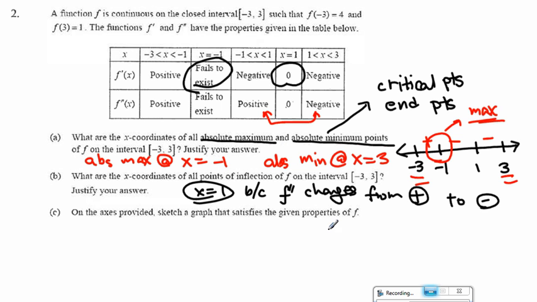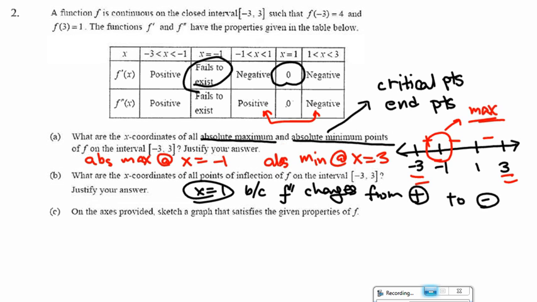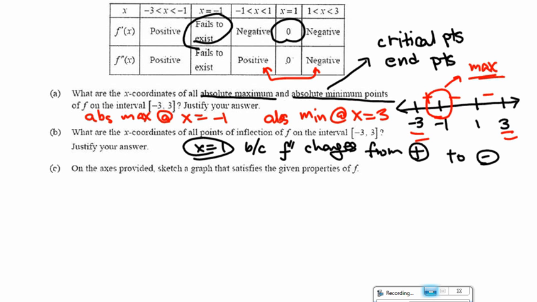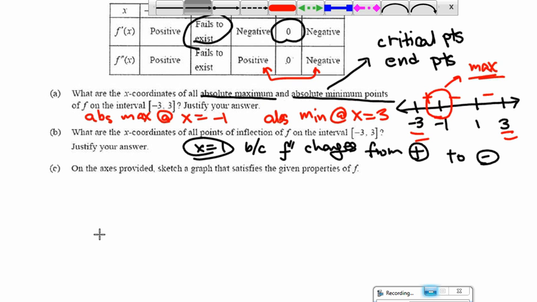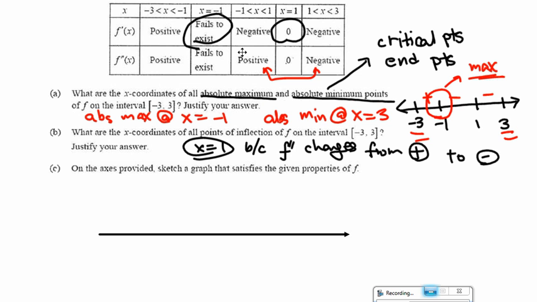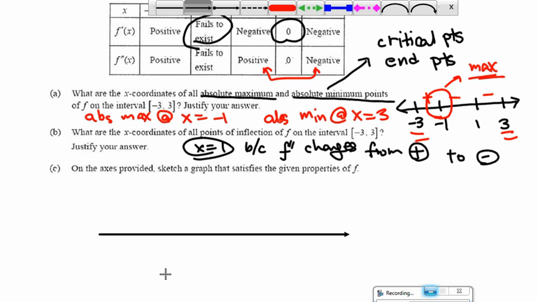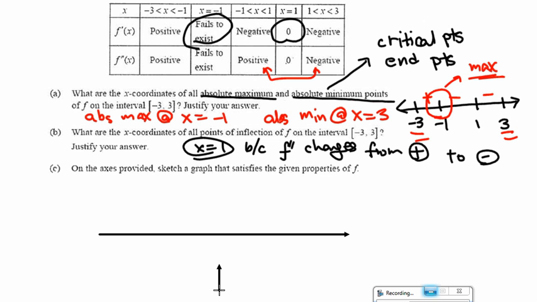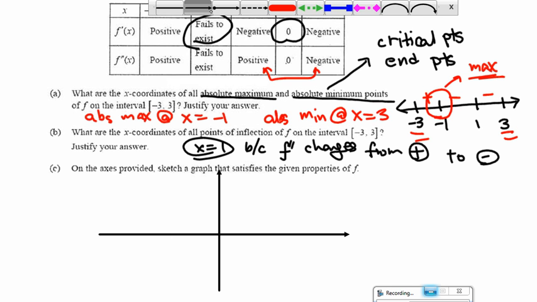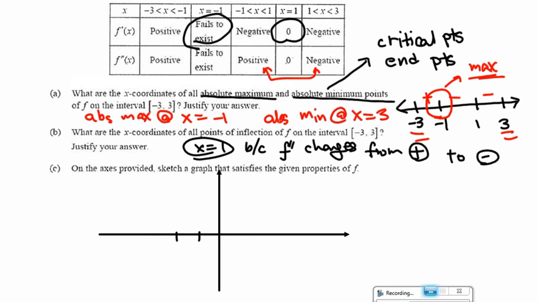All right, number 3. Okay, so we have to sketch the function here. So I'm going to approximate it a little bit. And then when x equals negative 3, it was equal to 4.